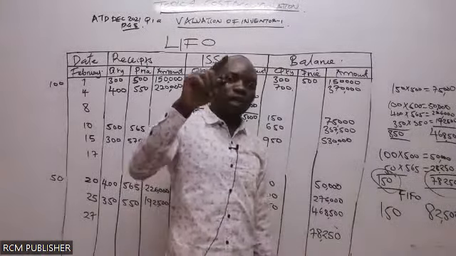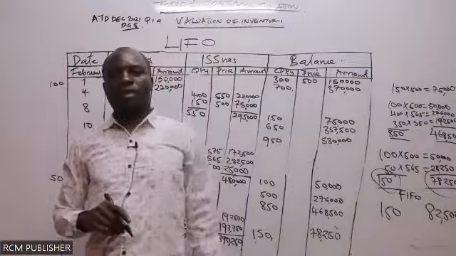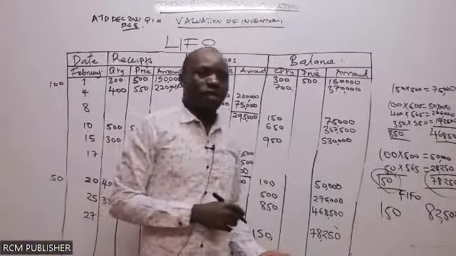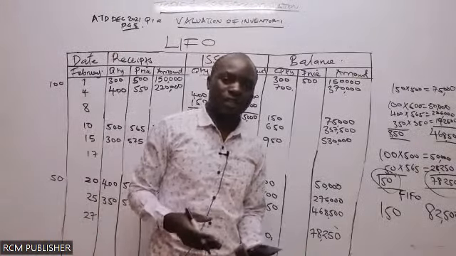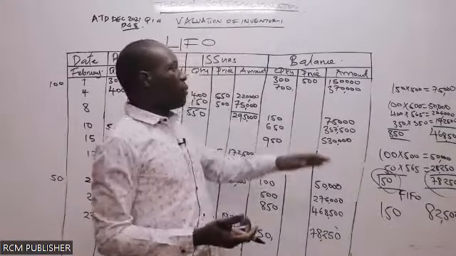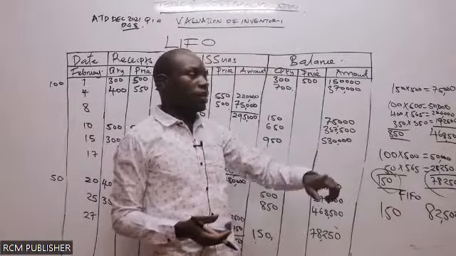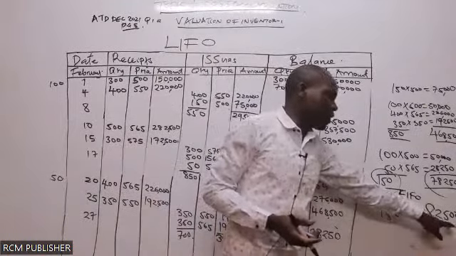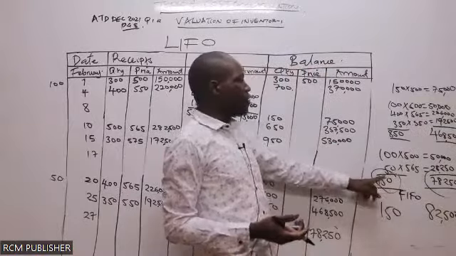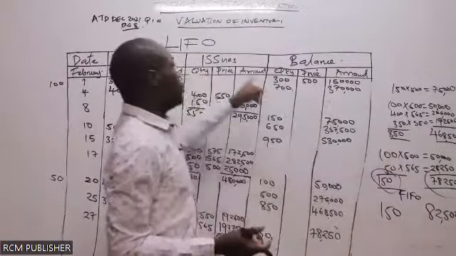And that's where now management accounting comes in. The management now comes in. They now have to sit down and decide. When we apply FIFO, the closing inventory value is 82,500, which is higher than the value of closing inventory when we use LIFO.